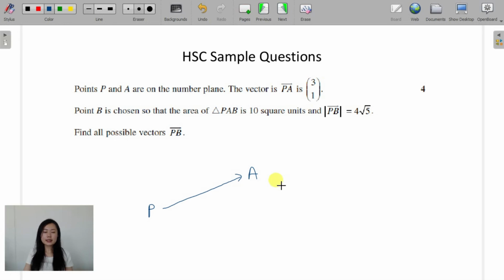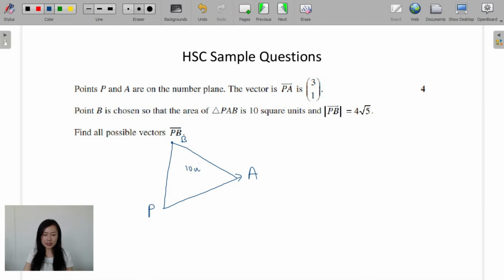Now B is some point. I'm just going to pick a random point. Let's say B is here. It's important to note the information they're giving you, because that affects how you're going to work with it.